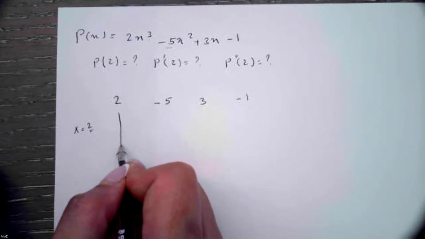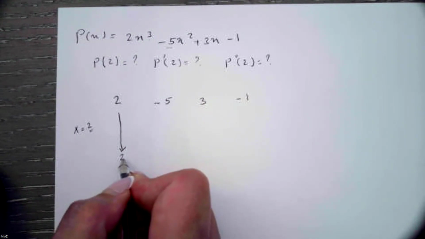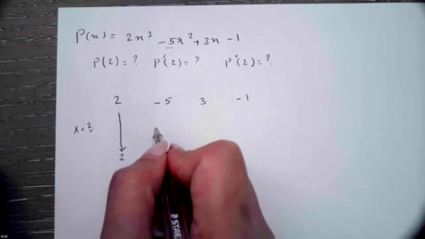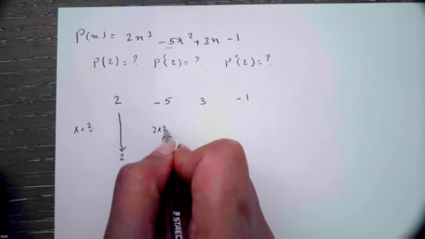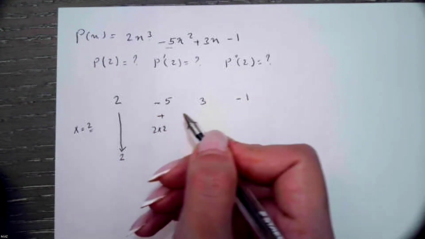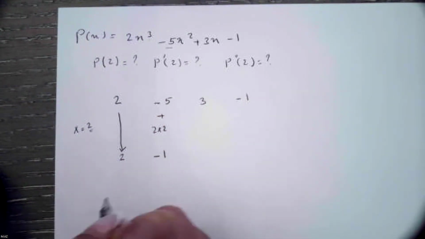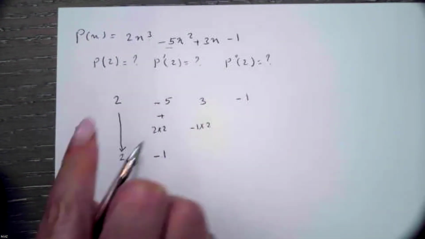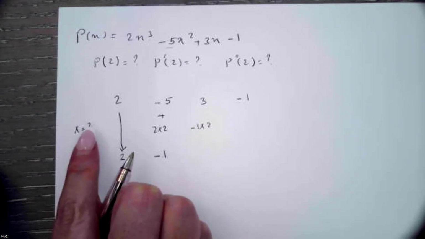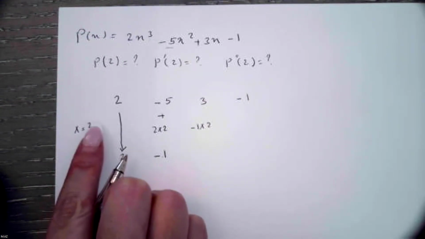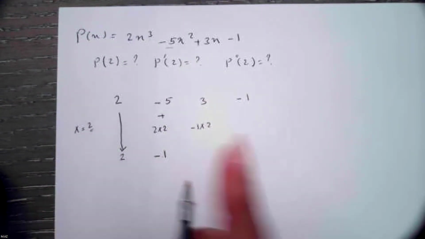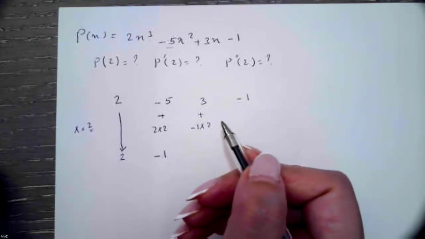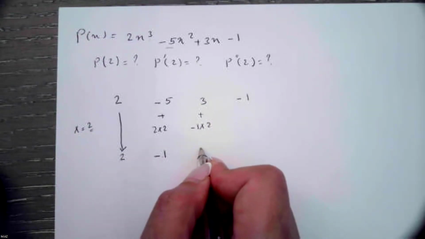Based on the Horner's method, first we write the 2. 2 times 2 becomes 4, and we add it to minus 5, giving minus 1. Minus 1 times 2, the point where we are trying to find the value of the function, is minus 2, plus 3, and the answer is 1.